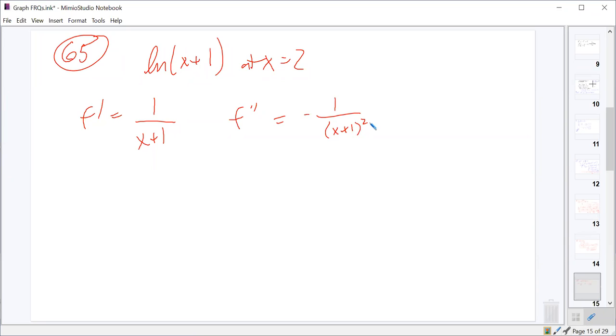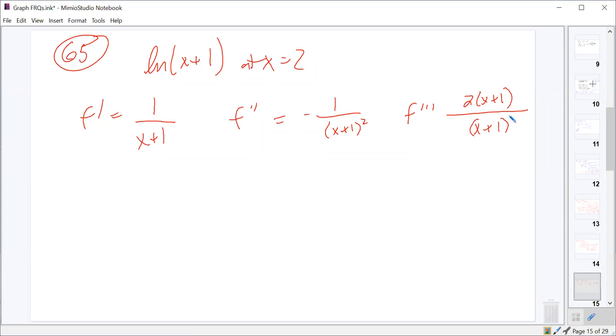Our third derivative of this ought to be, let's see here, we'll take another negative, and then it's 2. So the opposite of that makes it positive. It should be 2 times x plus 1, and derivative of the denominator, times the denominator squared.